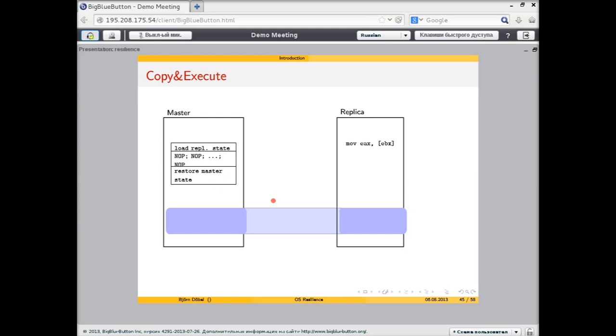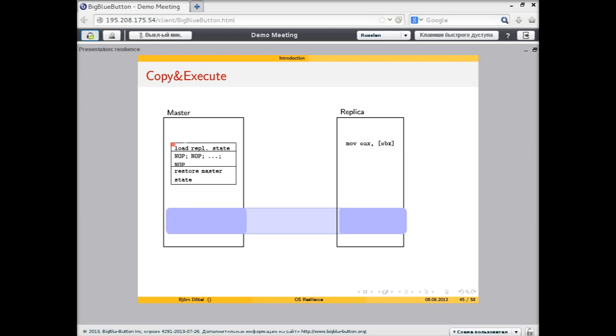Note that whenever the master receives a trap notification from a replica, the master will always also obtain a view on the replica's architectural registers. So this is how the replica state can be loaded into the physical CPU in this part.